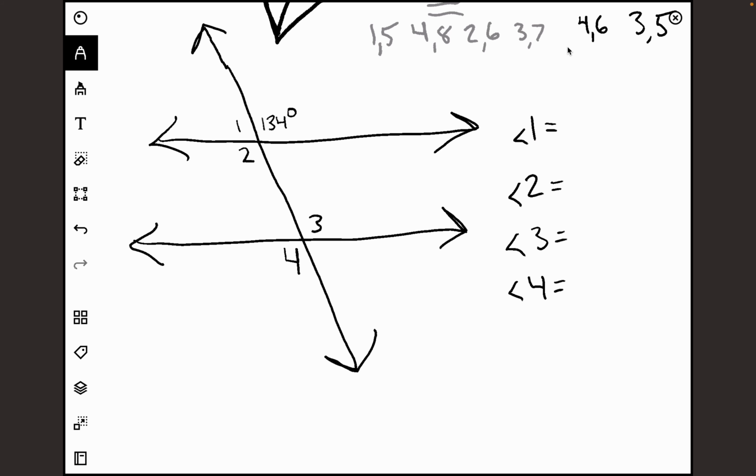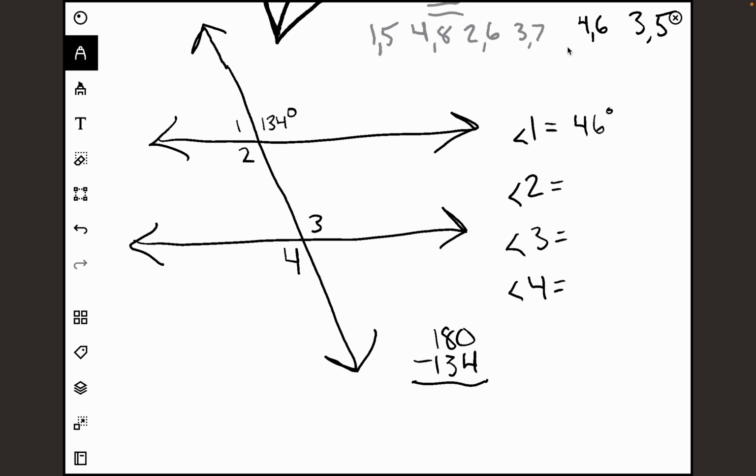What can we say about those two angles? Yeah, it's a linear pair, or they're supplementary. That works out perfect. So we do 180 minus 134. Who can tell me what that is? Angle 1 is 46. Perfect.